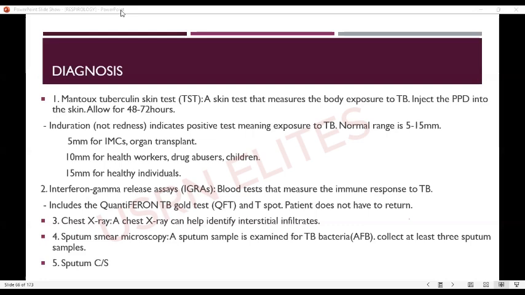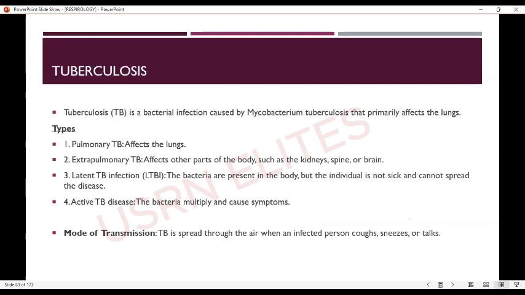There was something like that, that you wouldn't show signs and symptoms, but you can actively spread the disease because the bacteria is in your body. If you go back, you will see it. Can you read again? The bacteria are present but cannot spread the disease. Okay. Then maybe I didn't see that. Okay, thank you.